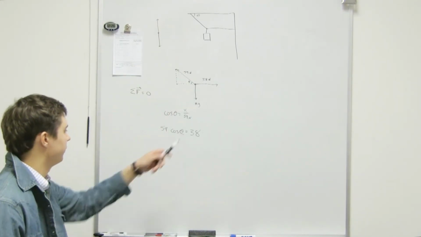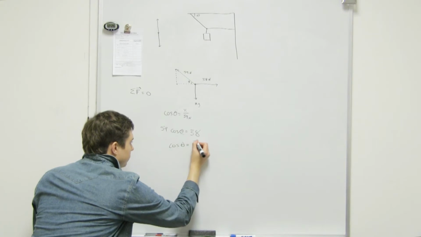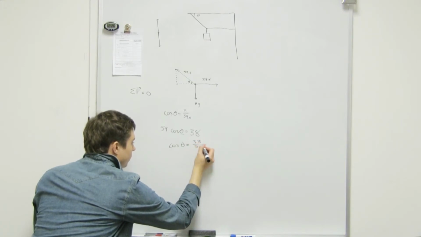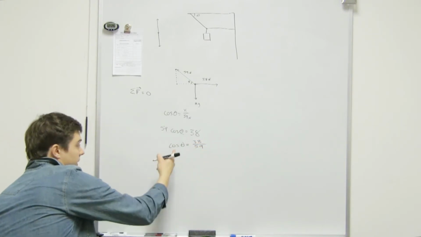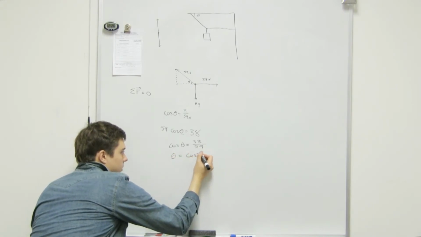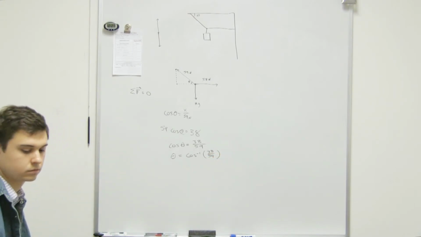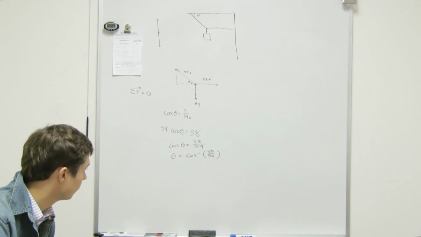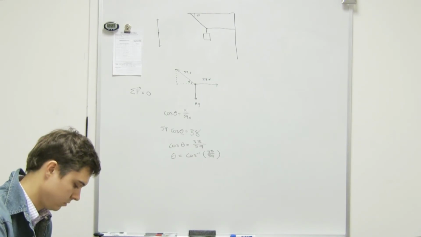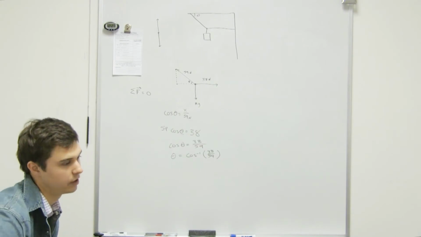We divide the 59 over, so we're left with cosine theta equals 38 over 59. Then to get theta by itself, theta equals inverse cosine of that fraction. So I got 49.9.